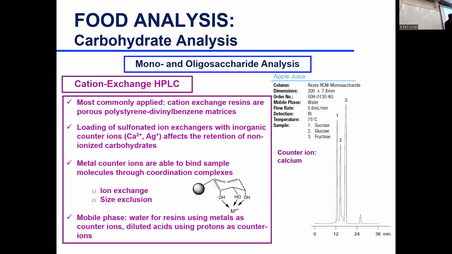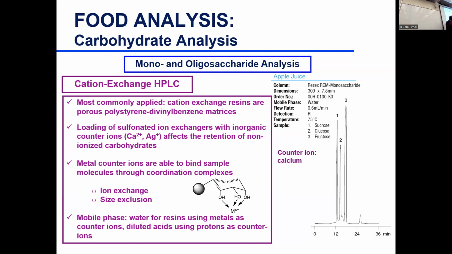So in order to use cation, you use counter ions in your mobile phase. The counter ions will associate with your OH groups. And that counter ion, once associated with your OH groups on the sugars, will interact with the stationary phase.